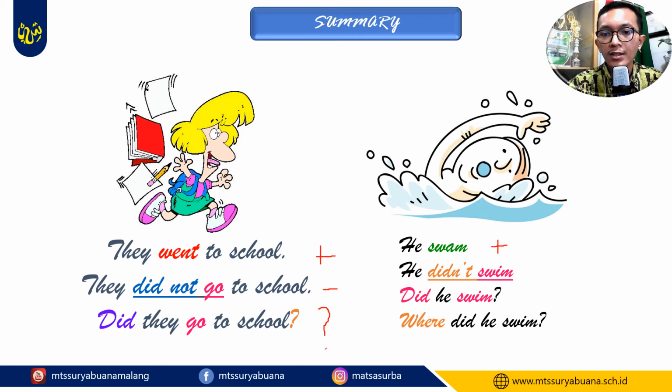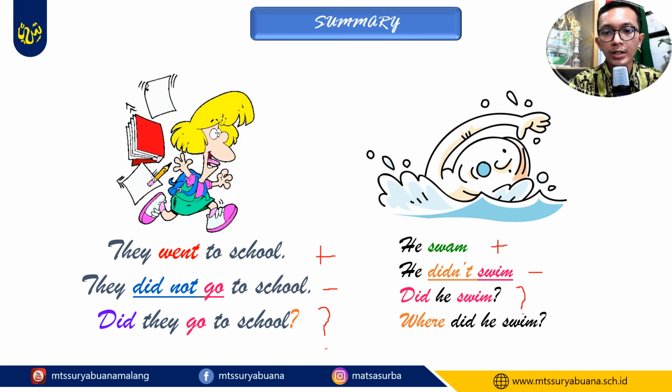He didn't swim or he did not swim. This is a negative sentence. And the last one: did he swim? As I said before, if you want to make a question, don't forget to write did at the beginning of the sentence. Did he swim? This is a question or interrogative sentence.